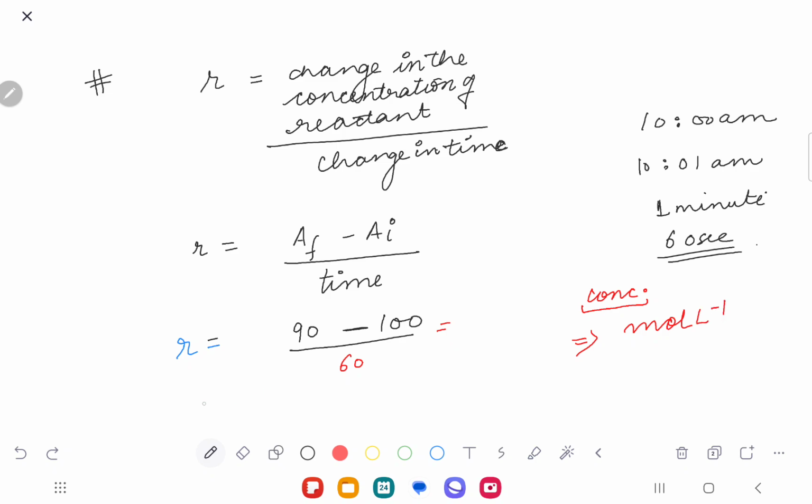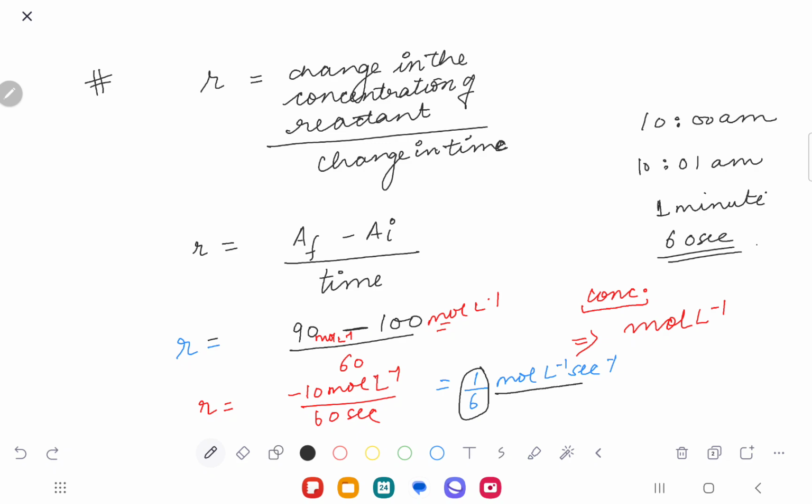So rate becomes 90 moles per liter minus 100 moles per liter, so this becomes minus 10 moles per liter over 60 seconds. That is going to become 1 by 6 moles per liter per second.